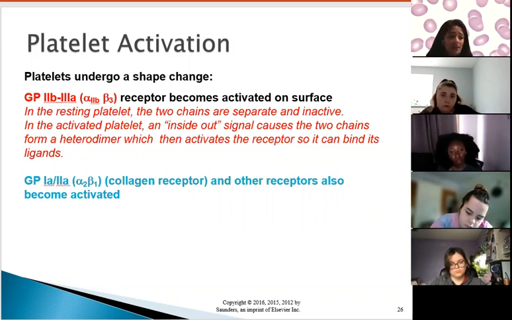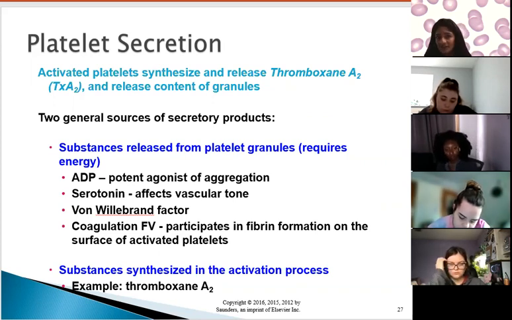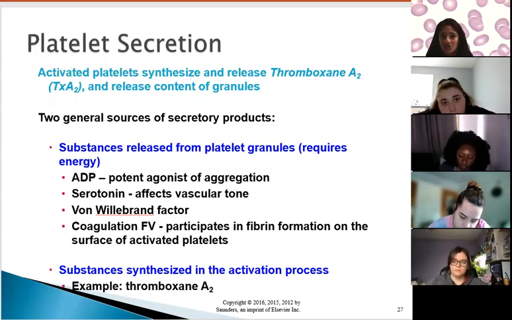Okay, once the platelets are activated, then there is something called platelet secretion. Platelet secretion happens because they release certain secretions. Activated platelets synthesize and release thromboxane A2, TXA2, and the content of their granules.